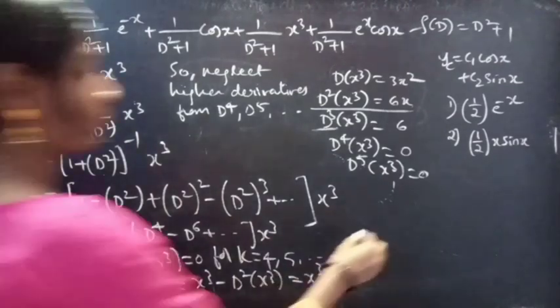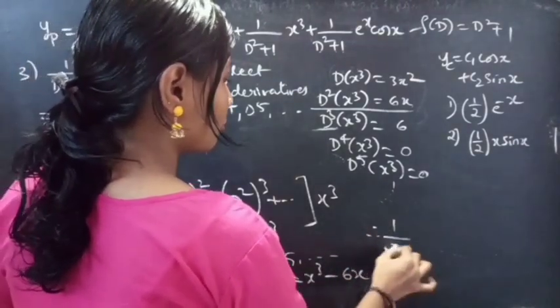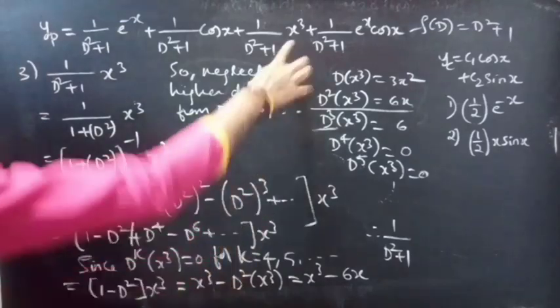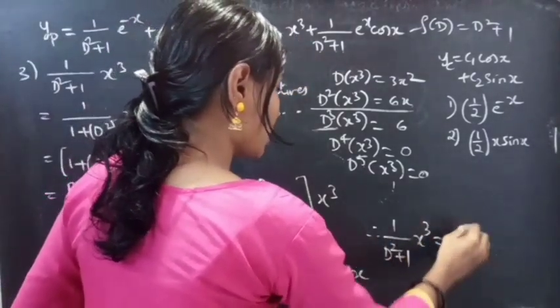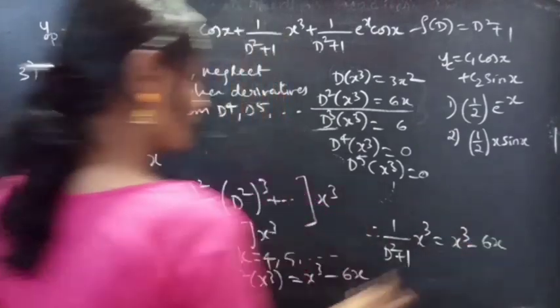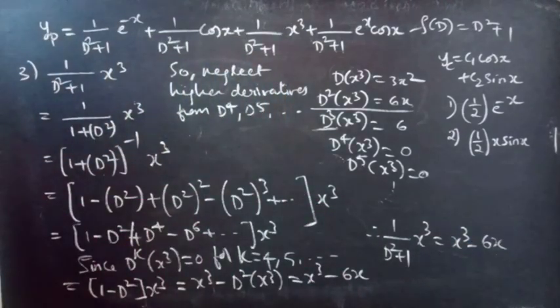Therefore, 1 by f of D into x cube equals x cube minus 6x. Now let's find the last term.